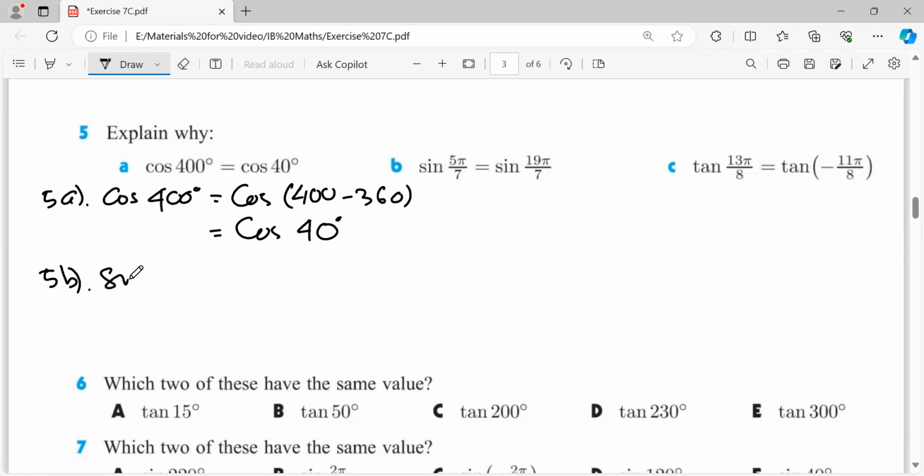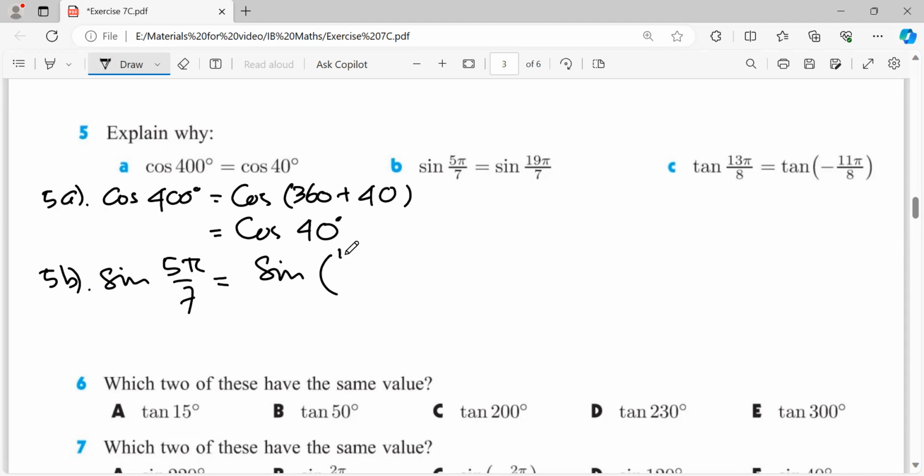5b, that's sine 5 pi over 7. Oh, sorry, I'm wrong here. I mean cosine 360 plus 40, so it becomes cosine 40.